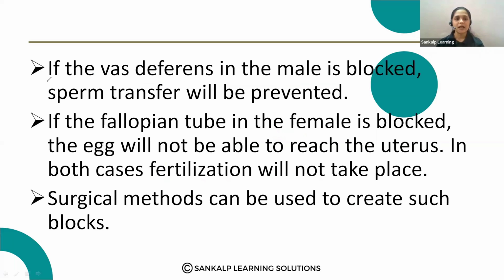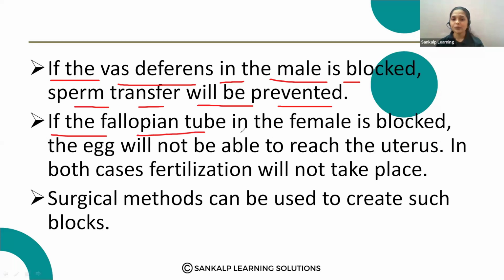Your answer should be like this: if the vas deferens in the male is blocked, sperm transfer will be prevented. Second point, if the fallopian tube in the female is blocked, just observe the fallopian tube in the female reproductive structure. If it is blocked, then the egg will not be able to reach the uterus.